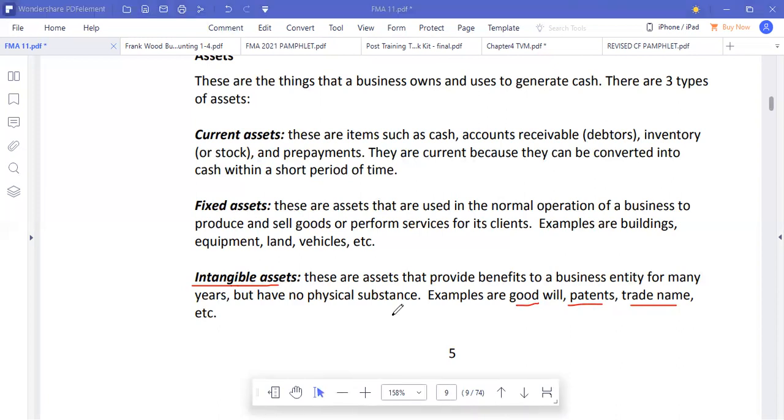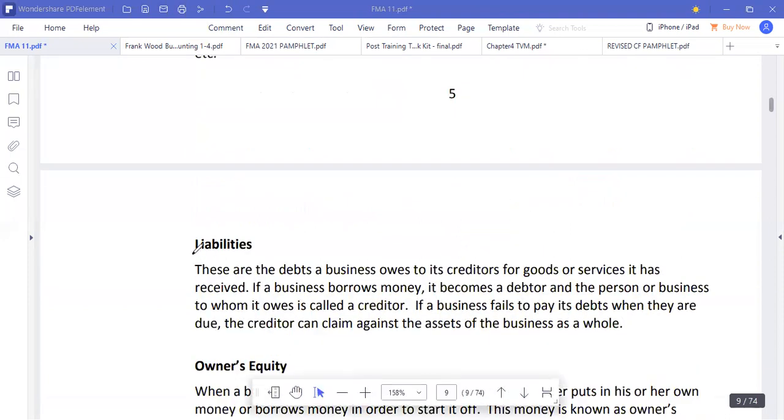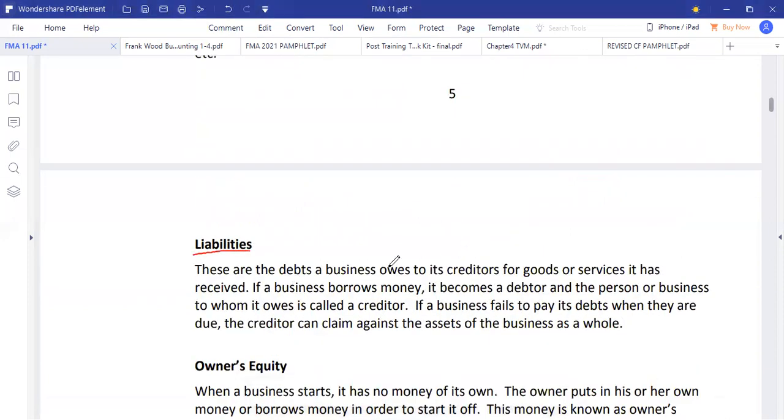Yes. All right. Then when you're talking about liabilities, liabilities are simply the debts that a business owes its creditors in terms of service. So if I received a service and I didn't pay for it, it's called a liability. If I received a good and I did not pay for it, it's called a liability. So if a business borrows money, it becomes a debtor.